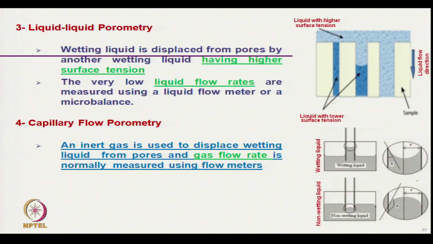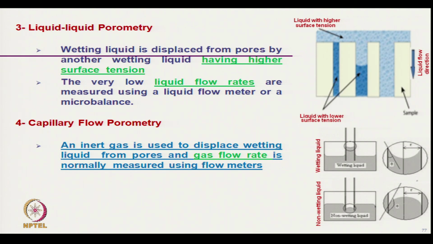Next technique is liquid porometry. Here we use two different liquids. One liquid has higher surface tension and another has lower surface tension. This dark color is showing the liquid with lower surface tension, that means it can wet the surface easily. The wetting liquid is displaced from the pore by another liquid with higher surface tension.